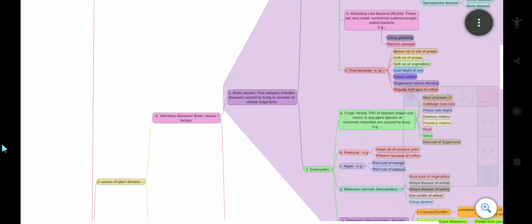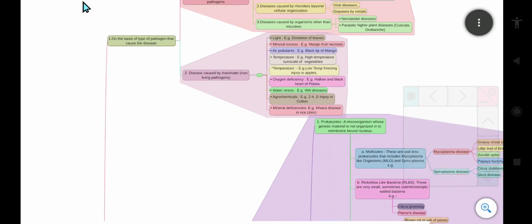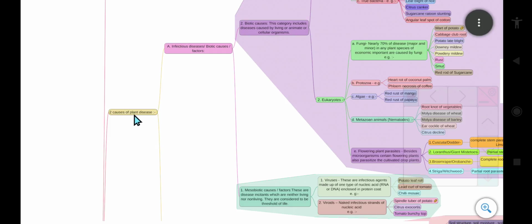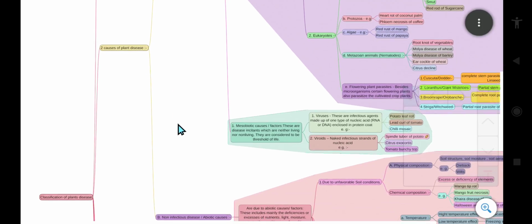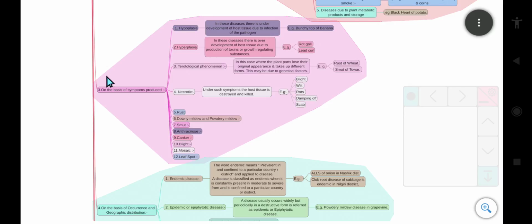First we see the classification of plant diseases on the basis of type of pathogen that causes the disease, and the second one is classification of plant diseases on the basis of causes of plant disease, and the third one is classification of plant diseases on the basis of symptoms produced.